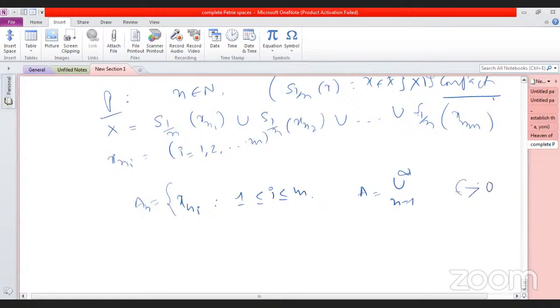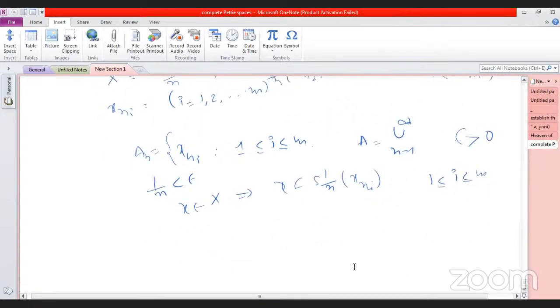Epsilon greater than 0. So we can get that 1 by n is less than epsilon, if 1 is less than or equal to i, less than or equal to m, I am writing here.